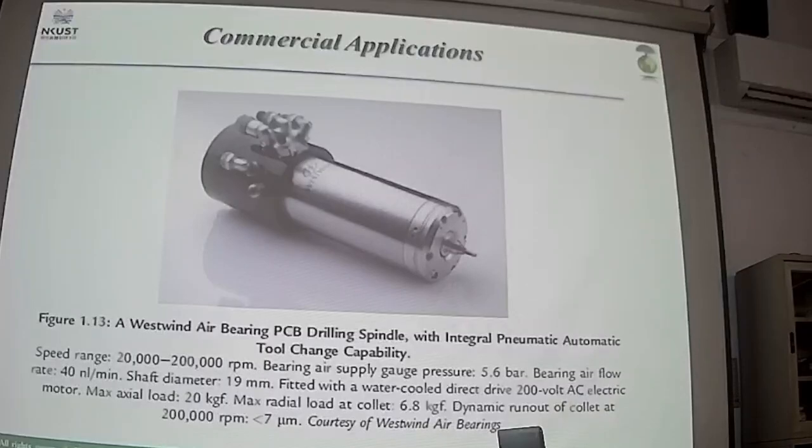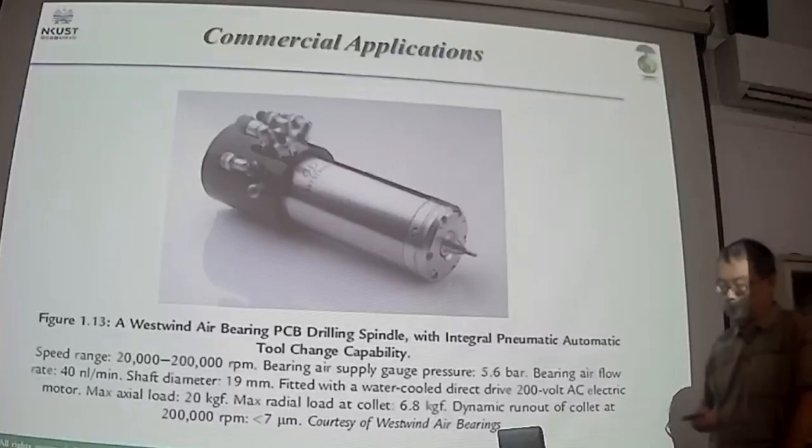So you need to drill a very small hole at very high speed. So Westwind is a famous UK company specialized in the air bearing spindle, especially for the high rotational speed.